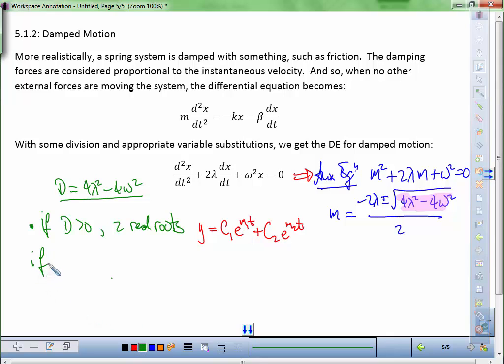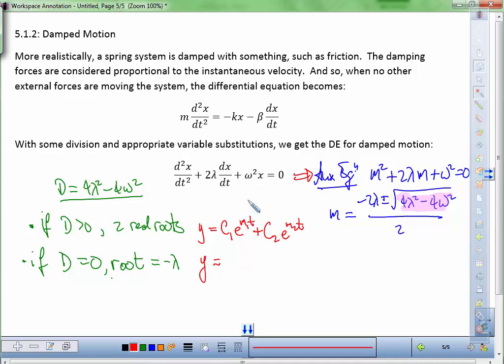So if the discriminant was equal to 0, then we have a repeated real root. And we can actually identify our root. What's our root equal to if the discriminant was equal to 0? Look at our m here. It'll be negative lambda. So the root is going to be equal to negative lambda. Remember what happens if we have repeating roots?